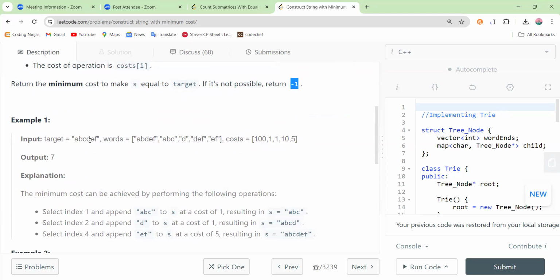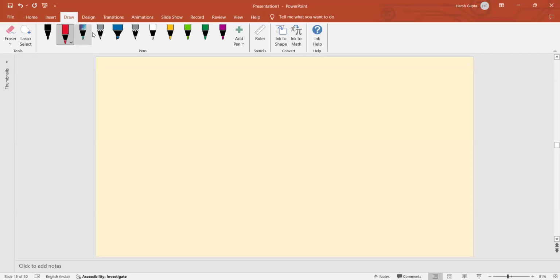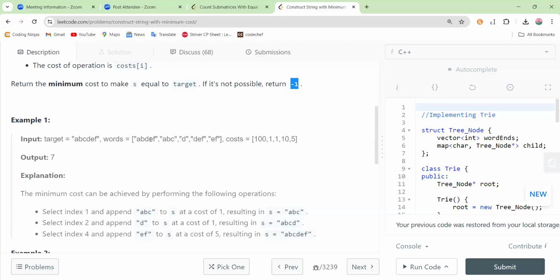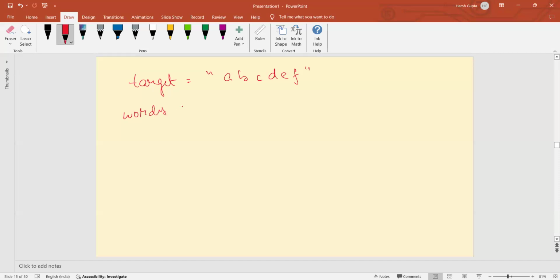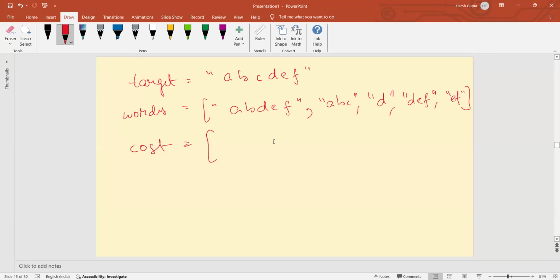So let's understand the question by looking at one of the sample inputs. The value of target given to you is A, B, C, D, E, F. And the array words has 5 words in it: A, B, D, E, F, then you have A, B, C, D, then A, B, C, D, D, E, F, and you have F. And you have also been given the cost: 100, 1, 1, 10, 5.